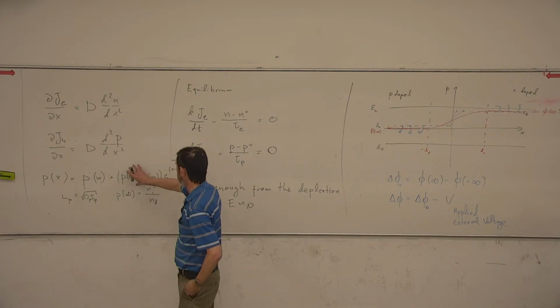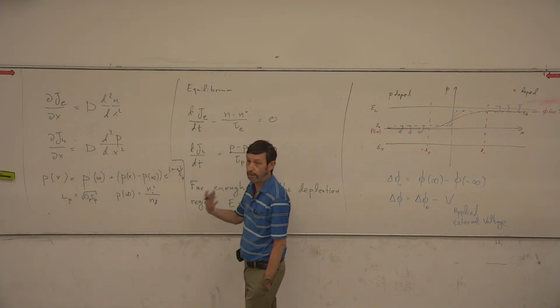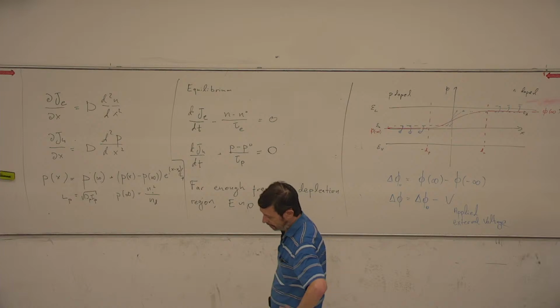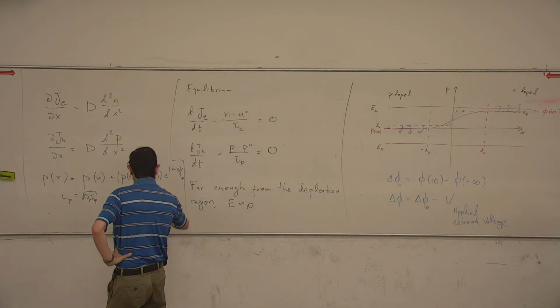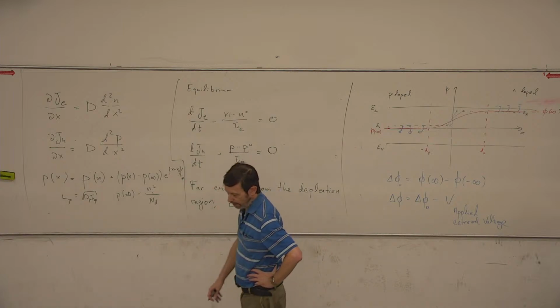So if I had some local perturbation in px, it will fall off exponentially from this point. And this enables me to define the generation current.